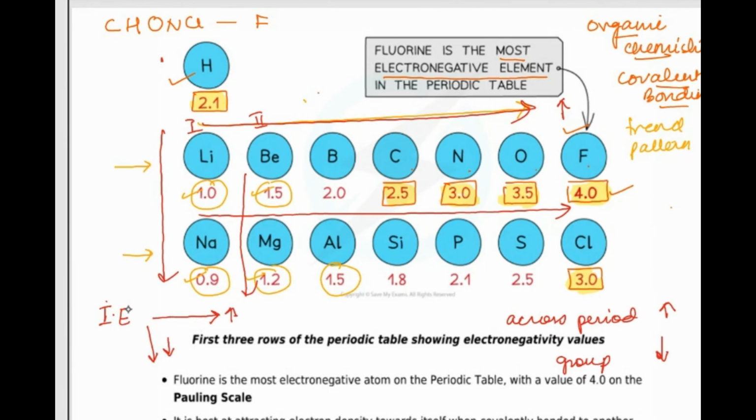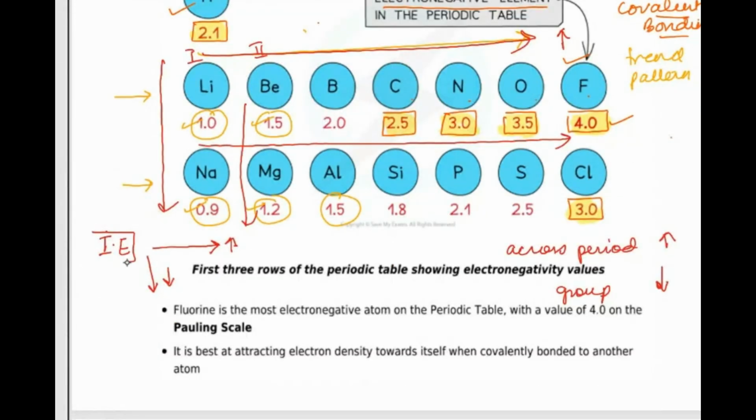So what were the factors responsible for the ionization energy trends? We talked about certain factors on which the trend was based. There were 4 factors I talked about. I'm sure you must have written down in your copies what those factors were, through which we were explaining this trend.